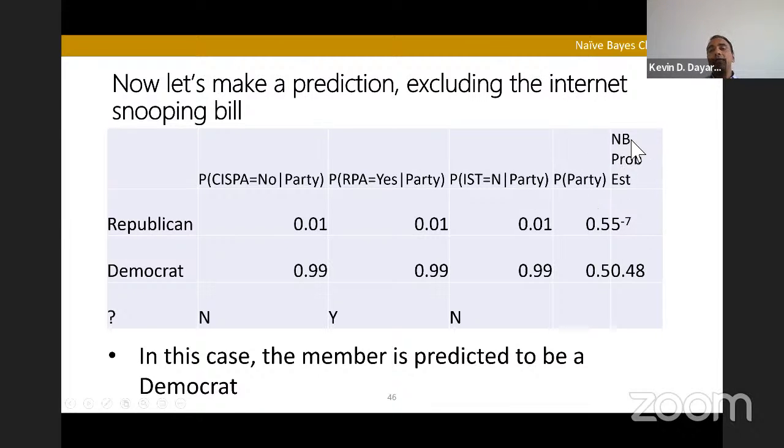And then this is the naive Bayes probability estimate, the product of all these together. And as you can see, in this case, 0.48 is greater than 5 times 10 to the negative 7. And as a result, in this case, the Democrat wins.